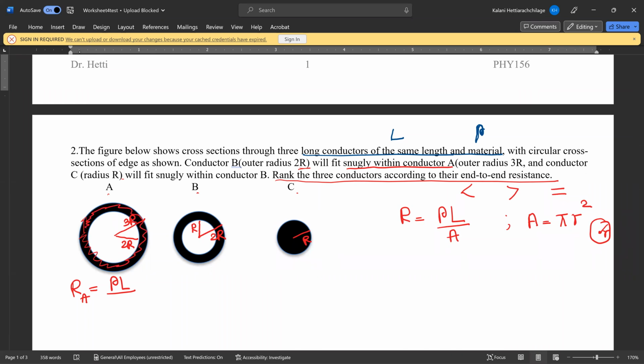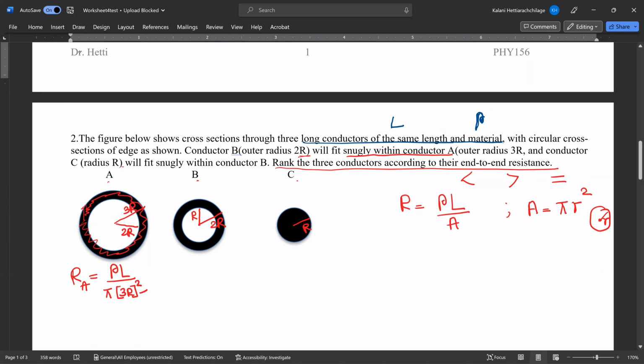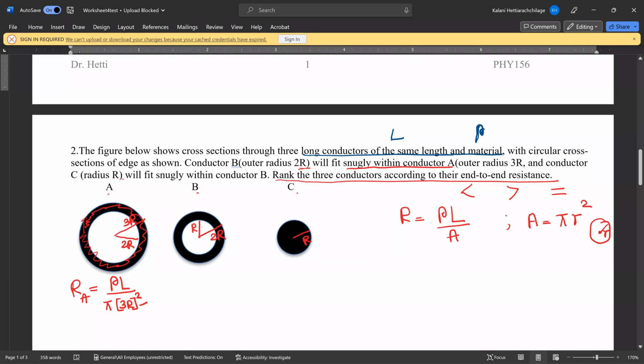How do you find that black area? You have a 3r radius circle and you have a 2r radius circle inside. The area in between these two will be pi (3r) squared, that's the area of whole A, but you need to subtract the inner cylinder from that, so minus pi (2r) squared.